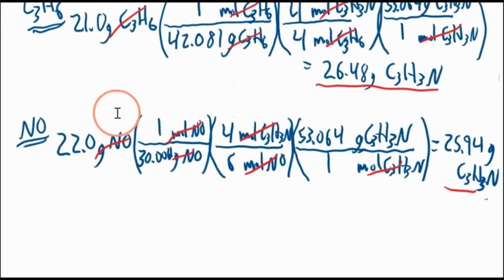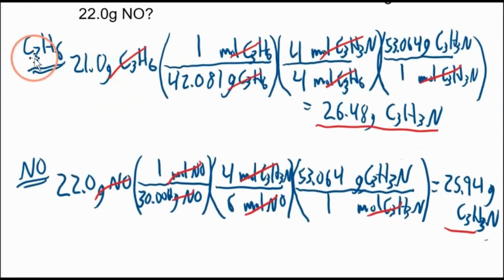Okay, so if we look at this, if our C3H6 reacted fully, all of these 21 grams reacted, we have enough C3H6 to make 26.48 grams of C3H3N. But for NO, we only have enough NO to make 25.94 grams. So this NO, the nitric oxide, is limiting how much product can form.